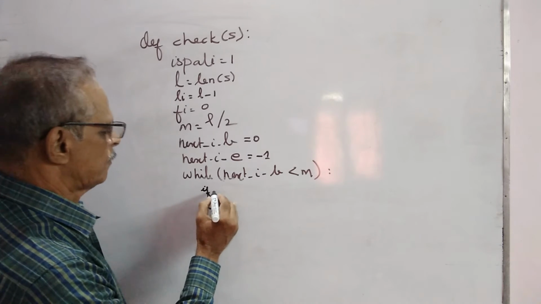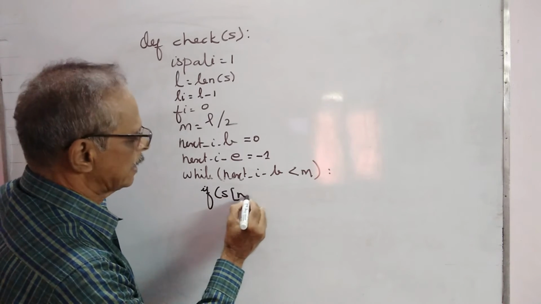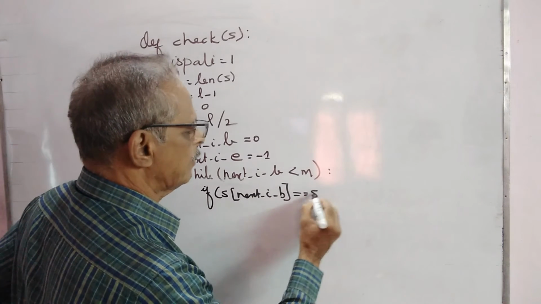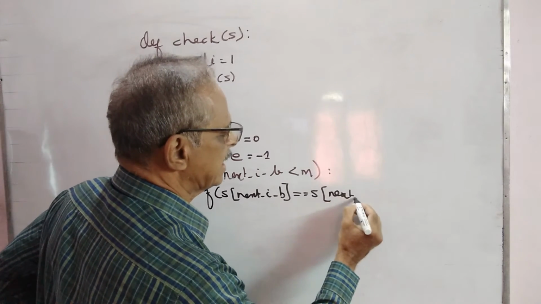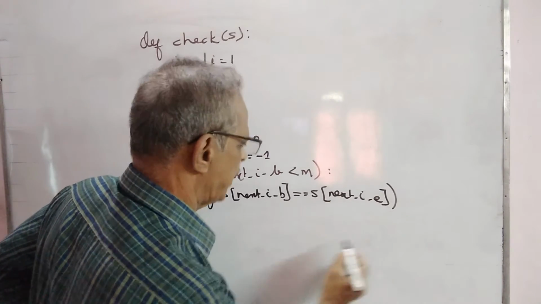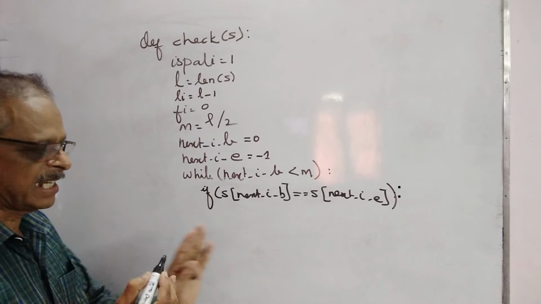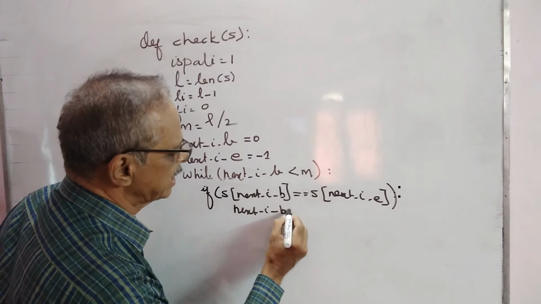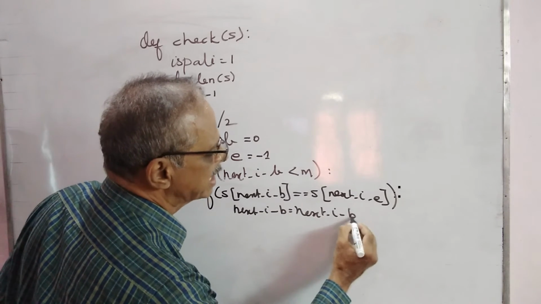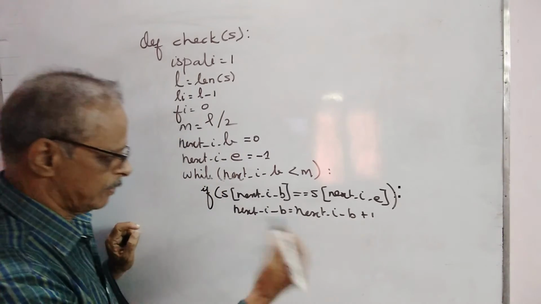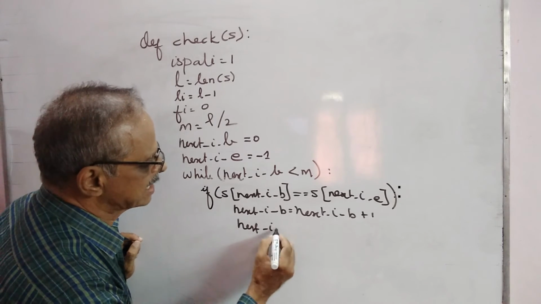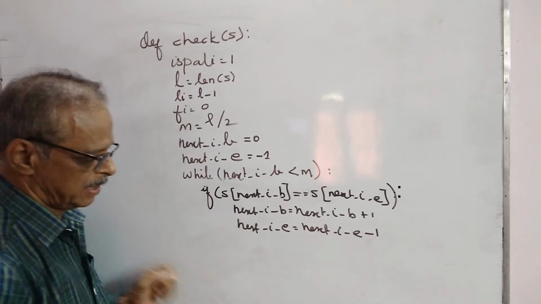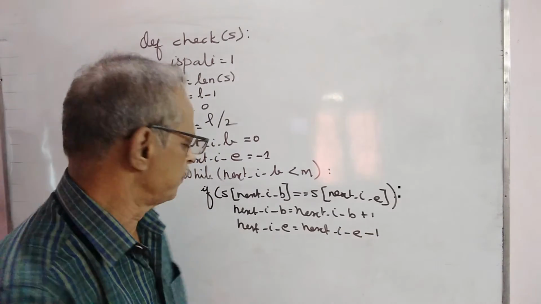If S of next index from the beginning equals S of next index from the end, then we have to move to the next character. Next index from the beginning equals next index from the beginning plus 1. We increase by 1. Next index from the end equals next index from the end minus 1. Minus 1, minus 2.